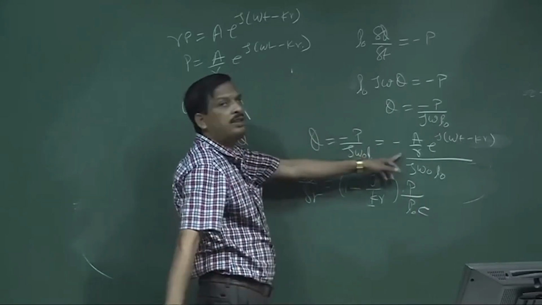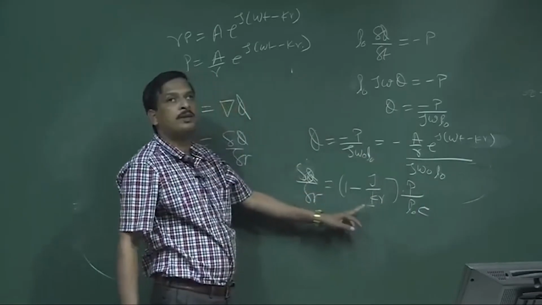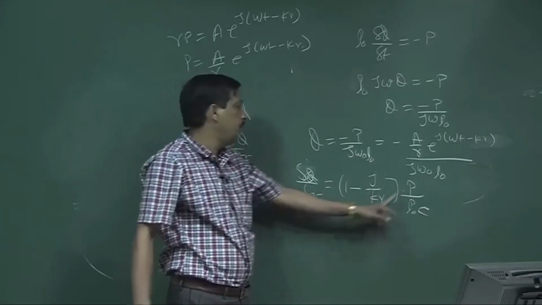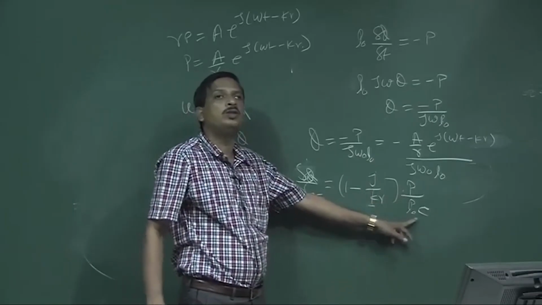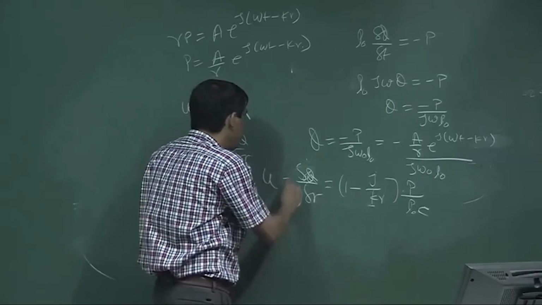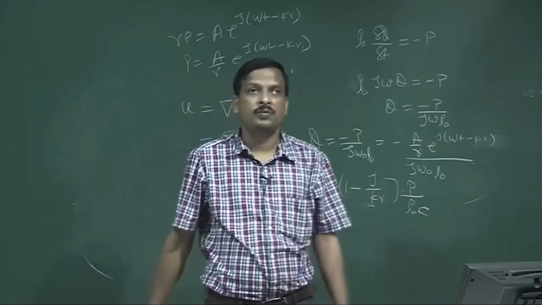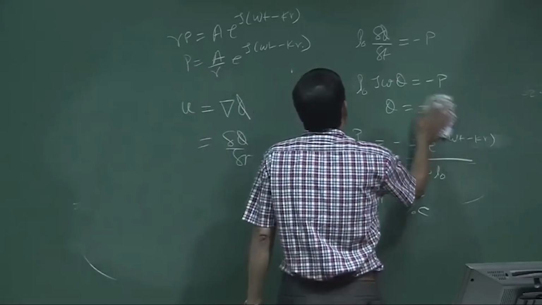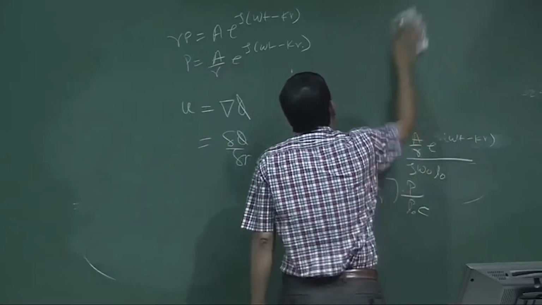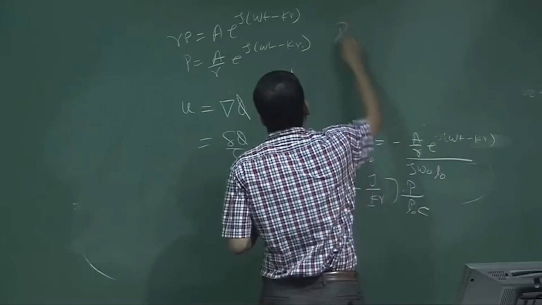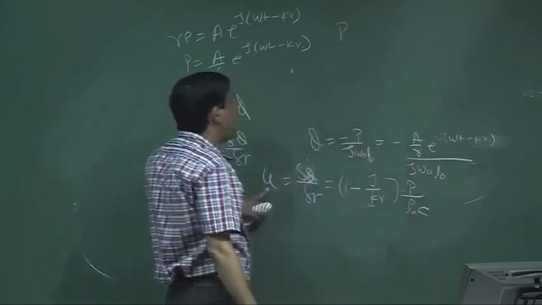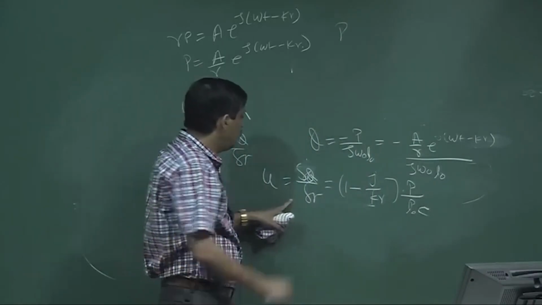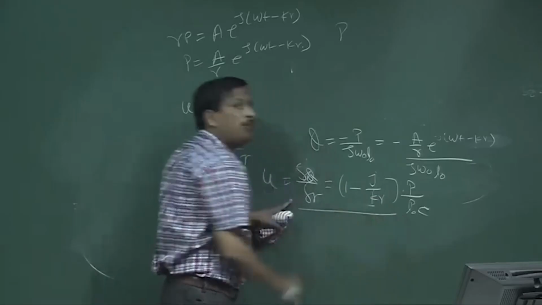So del phi by del r, which is nothing but u, is 1 minus j by k r times p by rho 0 c. See that in case of the linear wave equation, the pressure wave p and phi are in the same phase, but here u is a function of some complex term.